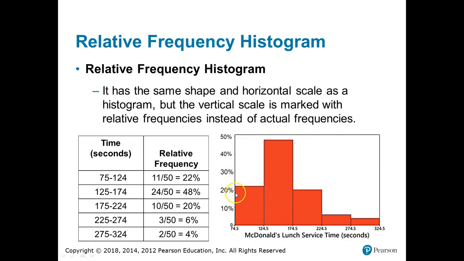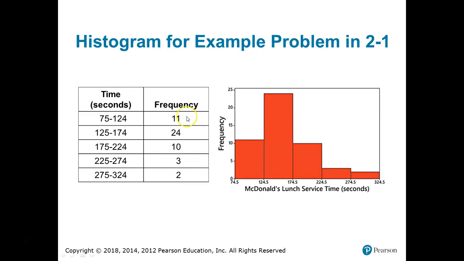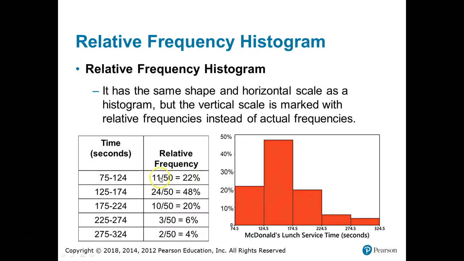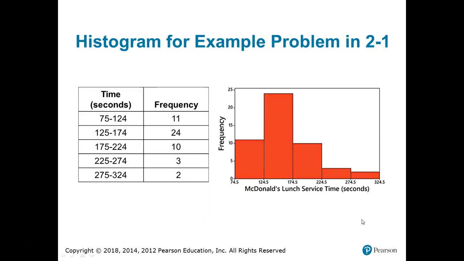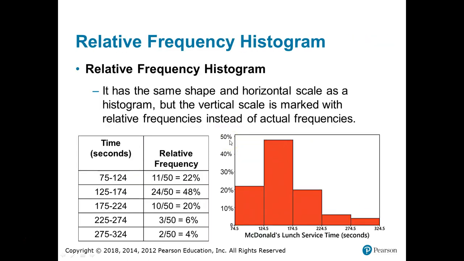Now it's the percentage. So 22%, which is 11 divided by 50. Again, that 50 came from 50 total data points. If you add 11, 24, 10, 3, and 2, you get 50. So 11 out of 50 is 22%, 48, 20, 6, 4. Again, notice that they are exactly the same shape. The only thing that's changing is the y-axis.